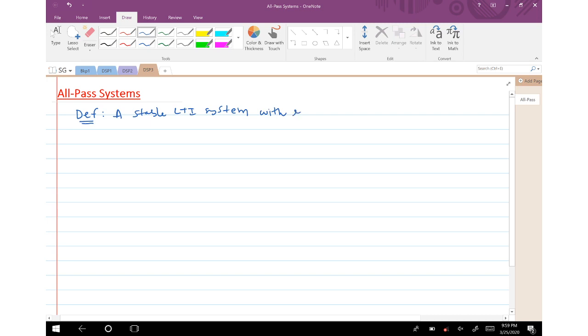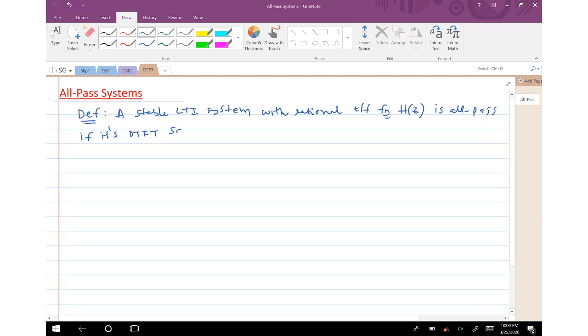So with rational transfer function H of z, it is called AllPass under certain conditions, that being if its DTFT satisfies the condition that magnitude of H of e power j omega is equal to a, for some value of a greater than 0, and for all omega values.